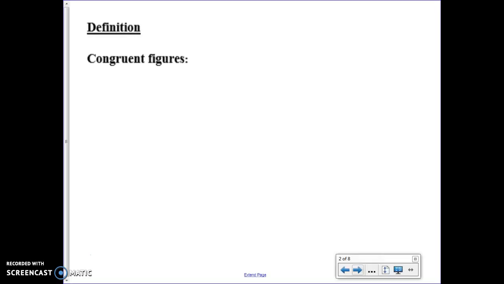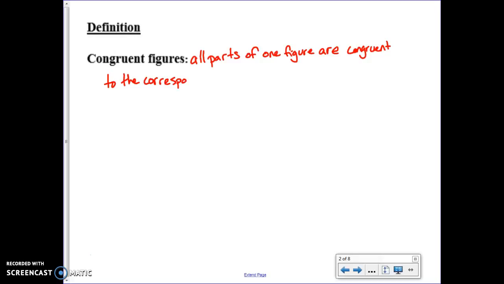Congruent figures are when all parts of one figure are congruent to the corresponding parts, meaning the parts that match up, so the corresponding parts of another figure.